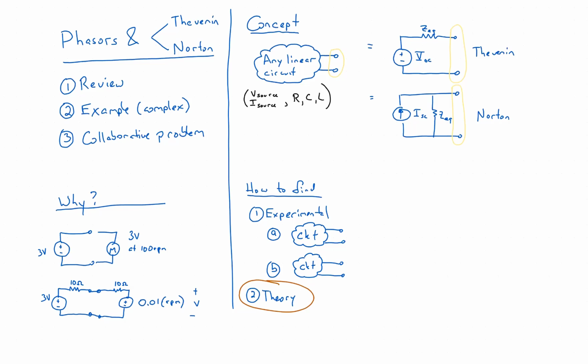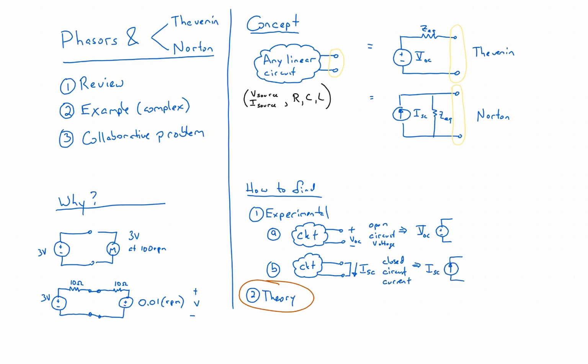Your first measurement is you'll measure the voltage open circuit. You're not going to connect anything to the wires, and that will tell you what your VOC is in your Thevenin equivalent model. Your second experiment is you will short the output terminals, and you will measure the current that flows when you short those terminals, and that will be the short circuit current.